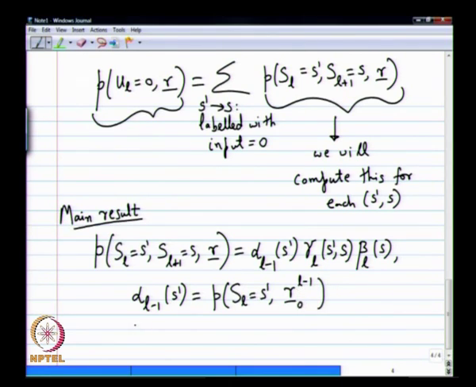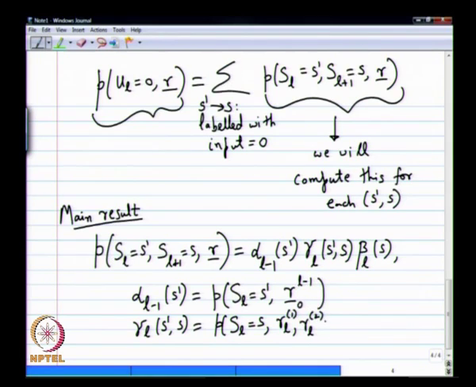And then what is gamma? Gamma_L(S prime, S) is once again the probability that S_L equals S, comma R_L1, R_L2.